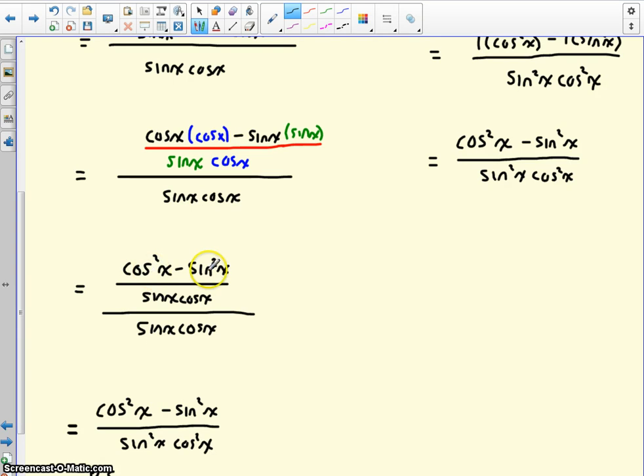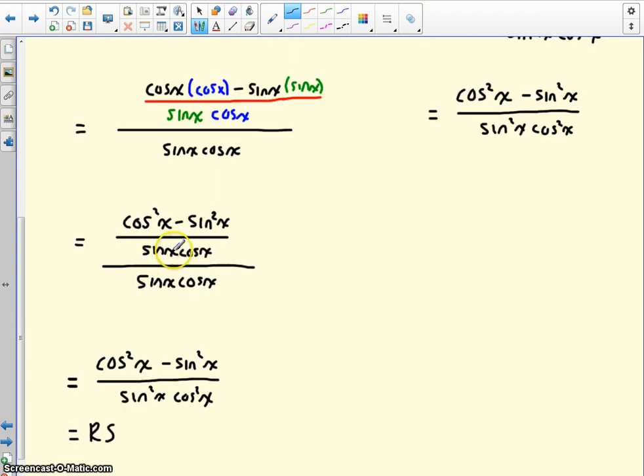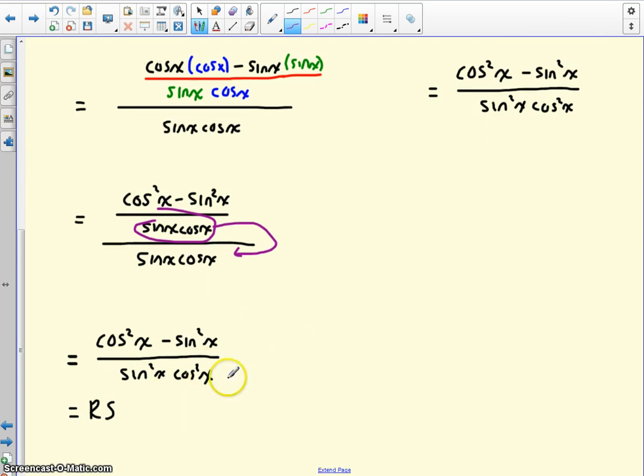When I have cos squared minus sine squared over sin x cos x, all divided by sin x cos x, since you're dividing again by sin x cos x, this shifts down and becomes part of that denominator. So you wind up with sin x cos x times sin x cos x, which is really just sine squared x cos squared x. Okay, so that's how the left side simplified.